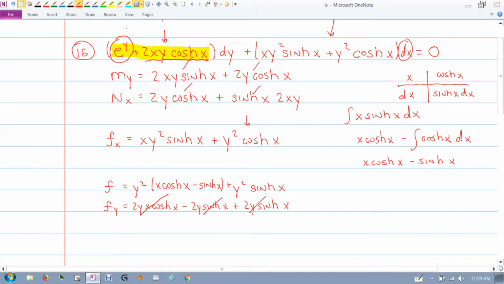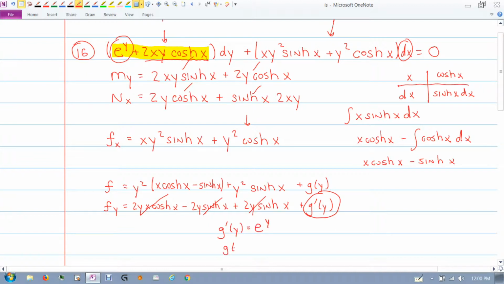So that means that, oh, I forgot my g of y here. Oops. Okay, so when I differentiated, I should have g prime of y here. That's what we've been doing. I just forgot to put it there. And so we know that the only thing we're missing is this e to the y. So that means that g prime of y must be e to the y.